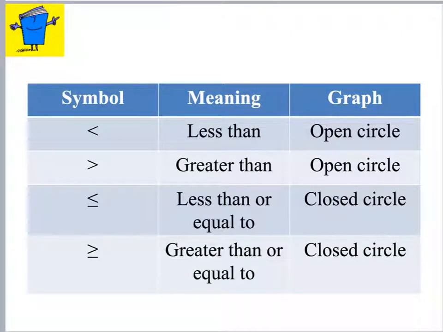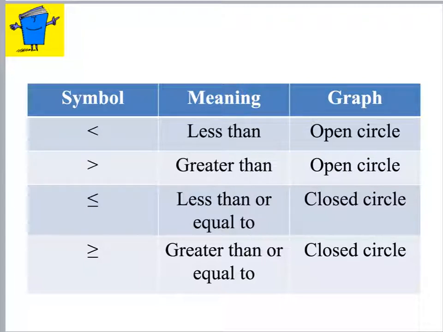Okay, these are the four inequality symbols, and students often have a hard time remembering which symbol means less than and which one means greater than. So I tell them to read it as a sentence. When you read sentences or a paragraph, you read from left to right. So we're going to read the mathematical sentence the same way.